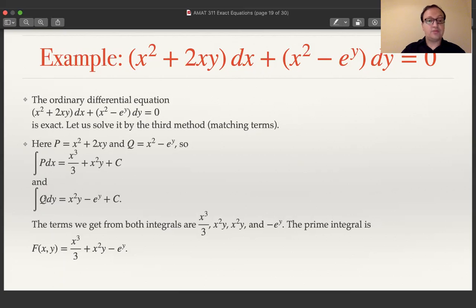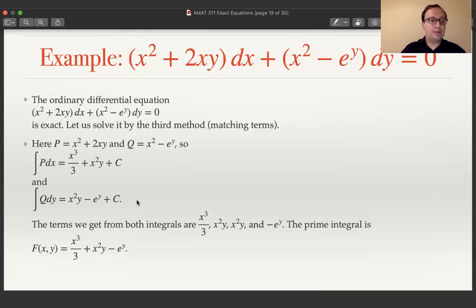The integral of x squared, so we treat x as a constant. So x squared is a constant. So the integral of x squared is x squared times y, just as if, let's say, x squared were a number like 9, its integral would be 9y. And the integral of minus e to the y is minus e to the y. So I get x squared y minus e to the y, maybe plus a constant.